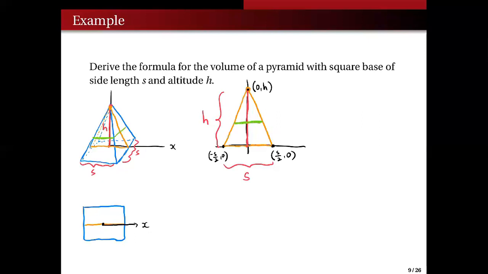So that is your square at this particular height, and it's not equal to S. It will be less than S because, as you can see, you have this triangle here and up way here, it's shorter compared to the base.